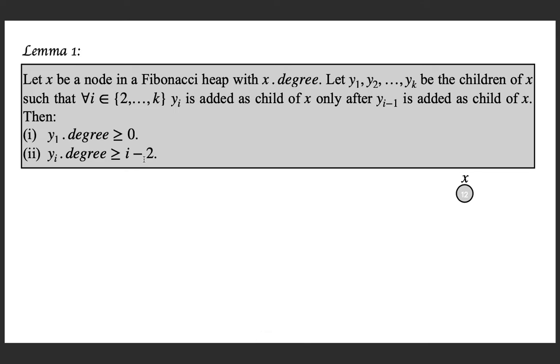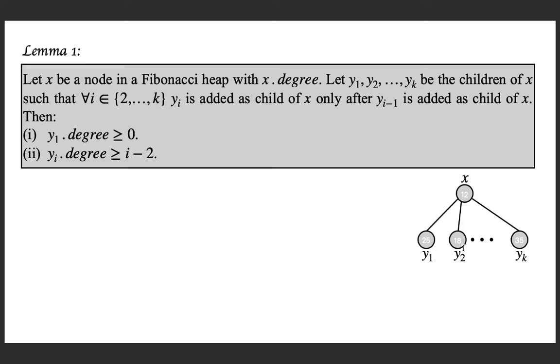So we are looking at a node x which has k child nodes which are added as child nodes in this order. After x gets the first child y1, and after y1 x gets y2 as the next child, then it gets y3, etc., and finally yk.